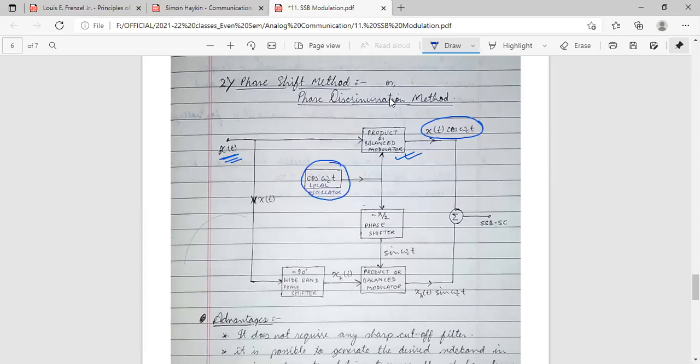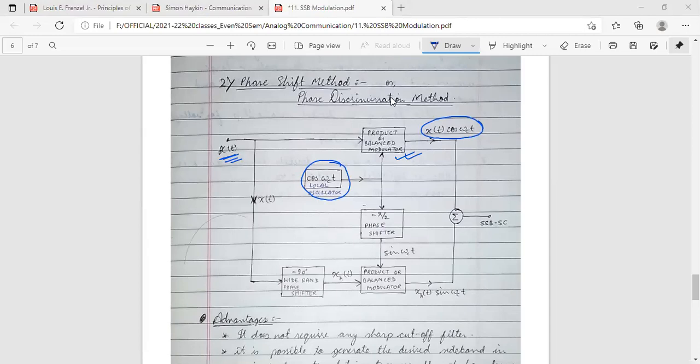By using the product modulator or the balanced modulator, we get x(t) cos omega_c t.